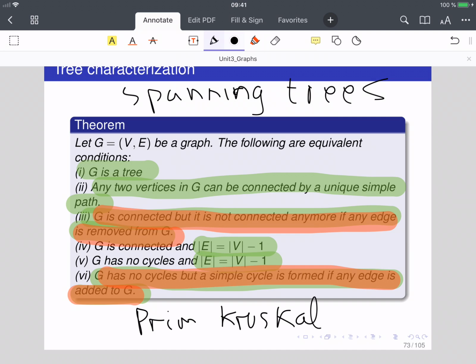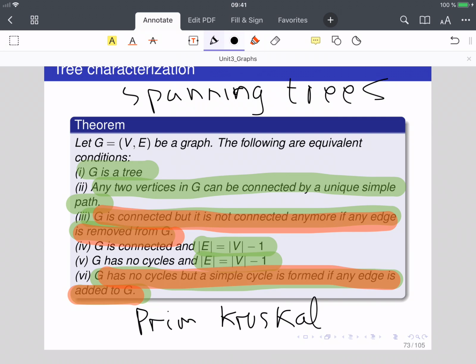One of them is based on adding new edges until we find something that has cycles, and exactly before that, we know that we have a tree. And we also have the other algorithm in which we start with the whole graph and then we remove edges until we have something that is connected, but if we remove an edge, it's not connected anymore. In that case, we know that we have a tree because of these properties.